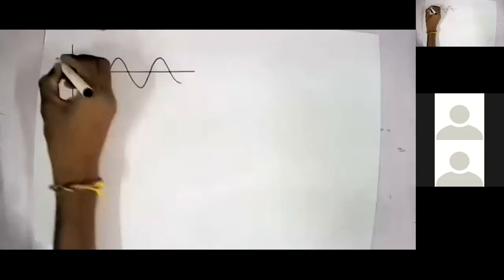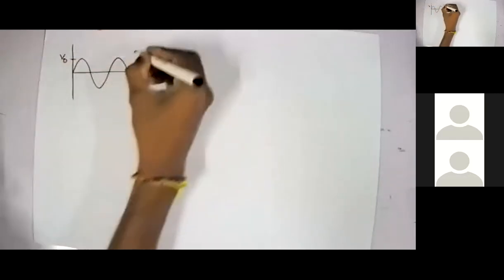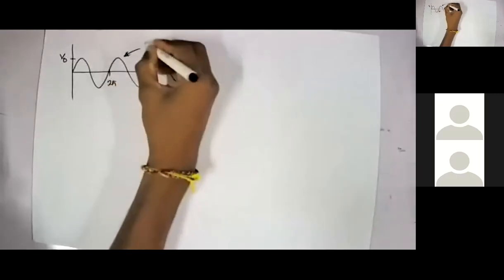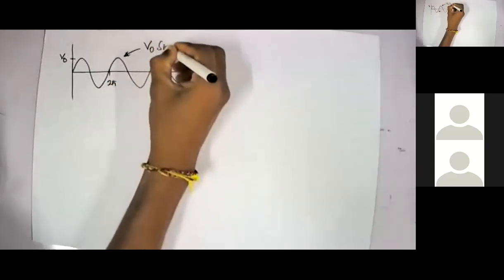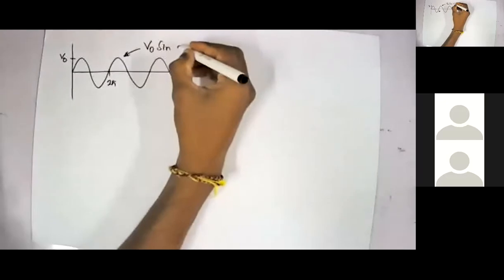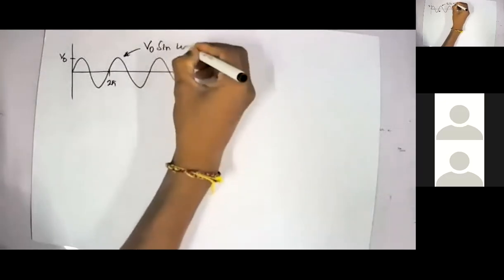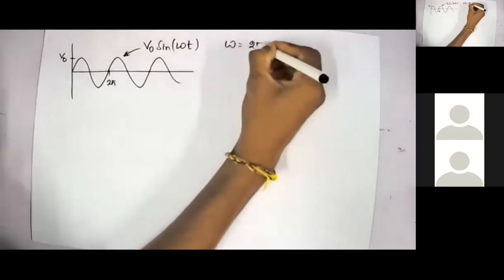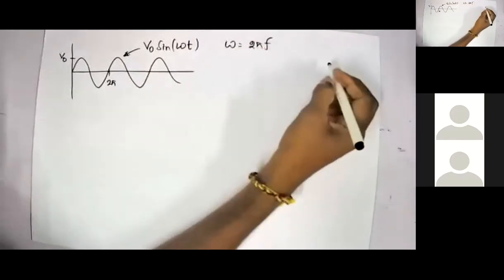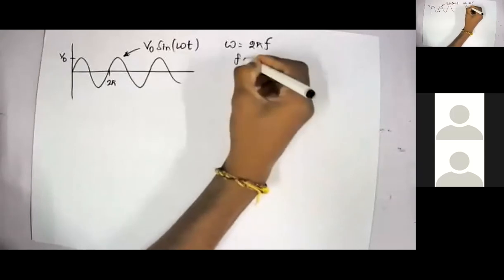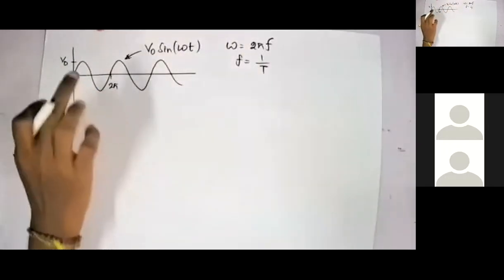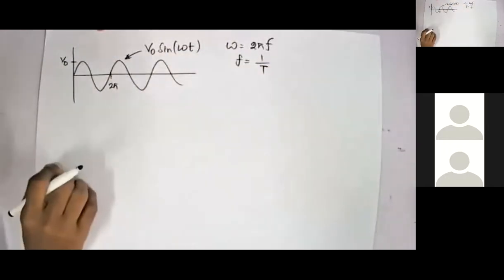If this one is V naught, we can write this as V naught sine omega t, where omega equals 2 pi f, and f equals 1 by T. All these things you can extract from the waveform.